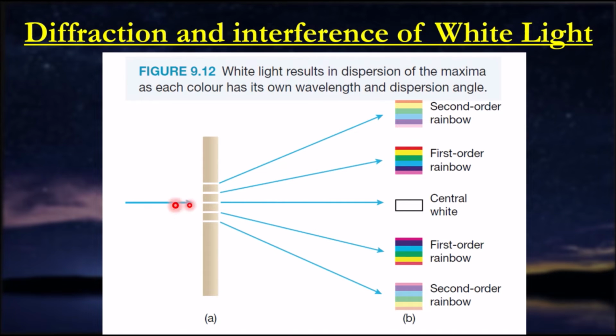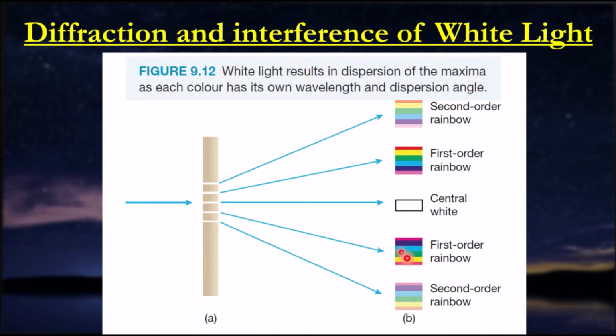Like we said about the diffraction patterns, the main difference between a diffraction grating and a general double slit experiment is that the diffraction grating has a lot more little slits that break the wave of the light further away from each other. If we think about the center point as white light here, we can break it into the different colors of the rainbow: the first order rainbow, the second order rainbow.